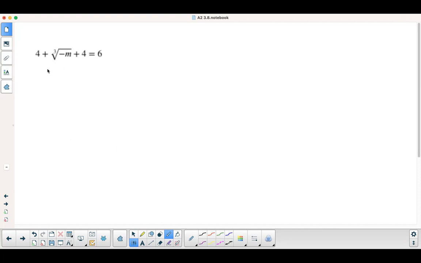Kind of a lot going on here, but actually not too bad. Add the 4 and the 4 because they're on the same side. Move the 8 over so I can combine that with the 6.